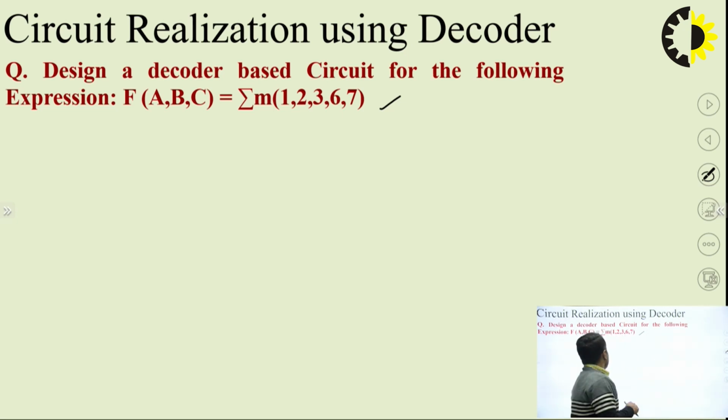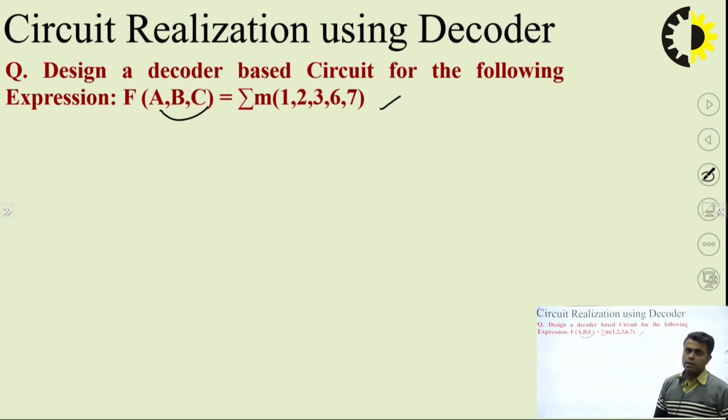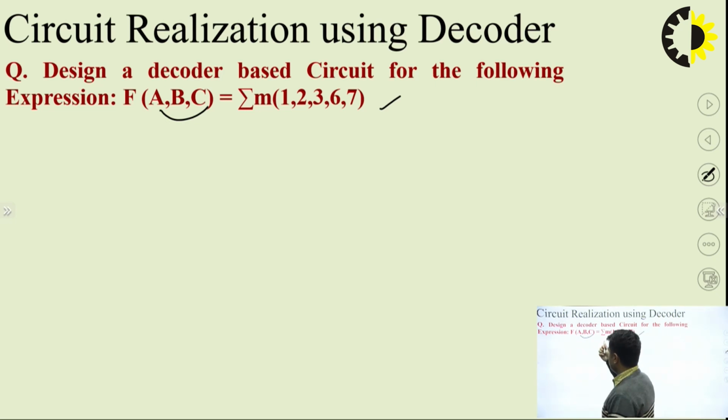So designing a decoder based circuit for the following expression, F(A,B,C) = Σ(1, 2, 3, 6, 7). The number of inputs or variables is 3. That means I will choose a decoder which has 3 inputs. You can relate it with the last multiplexer based realization. We related those inputs with the select lines, and there were 2 raised to power n inputs.